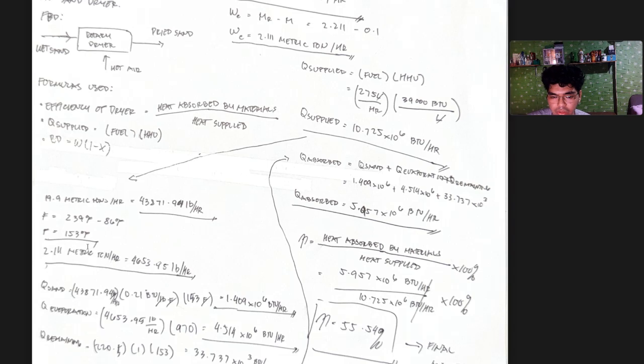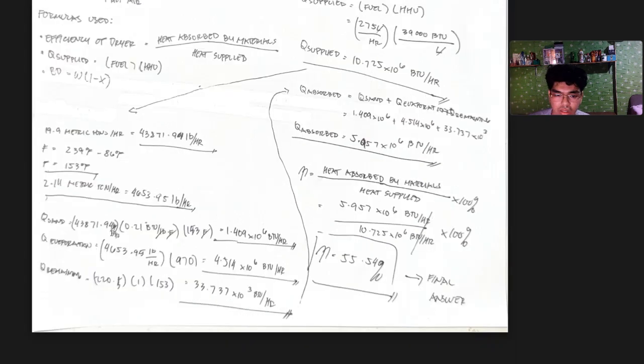With the same conversions, we then start with the formula for the heat absorbed. For the heat in sand, multiply 43,871.94 times 0.21 times 153 Fahrenheit. We will have 1.409 times 10 to the 6 BTU per hour.